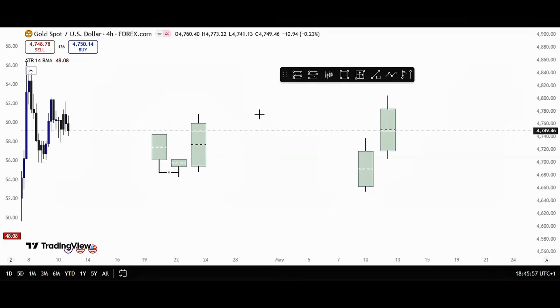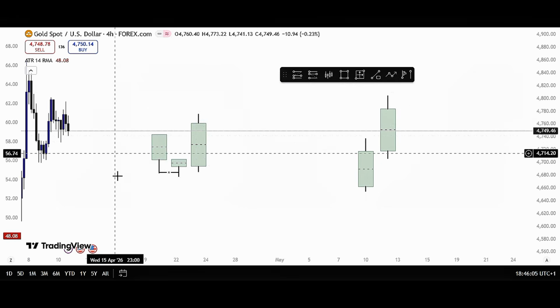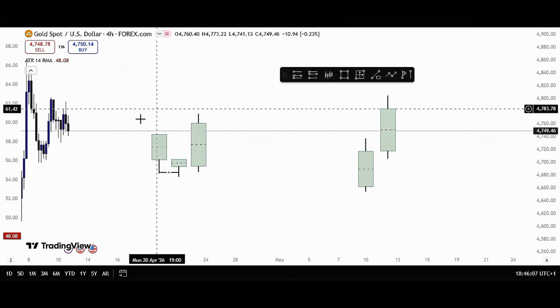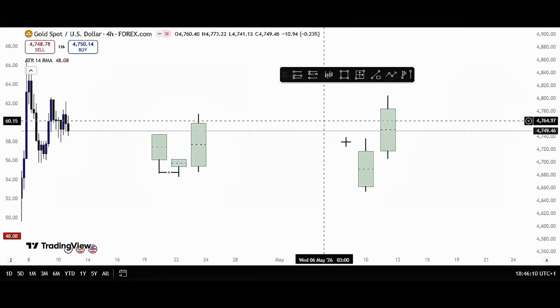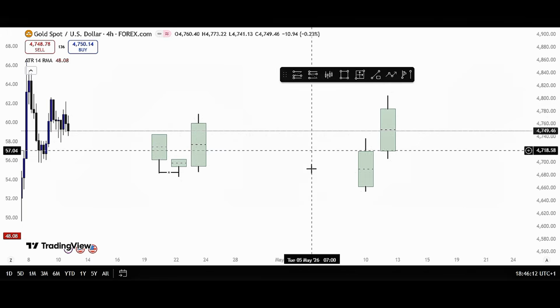So guys, now that you know how a candle forms, let me explain the CRT model and the CCT model. On the left of my screen, this is how a CRT model looks, and on the right of my screen, here is a CCT model.